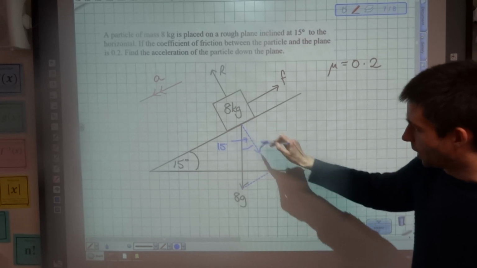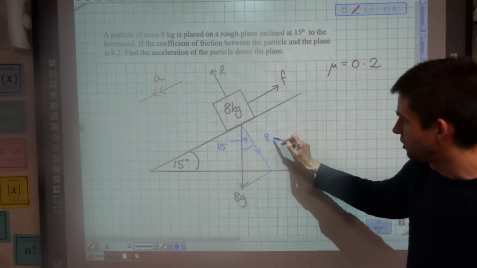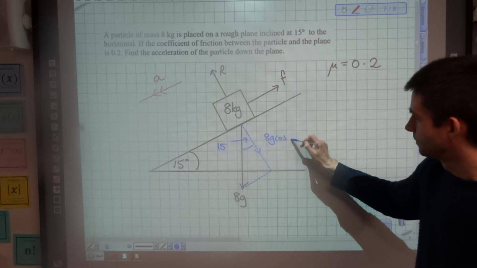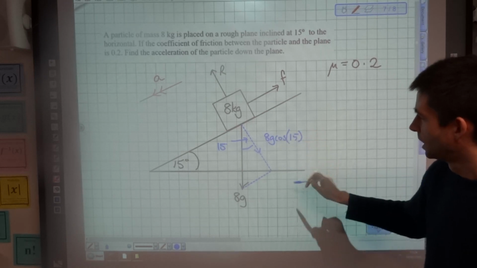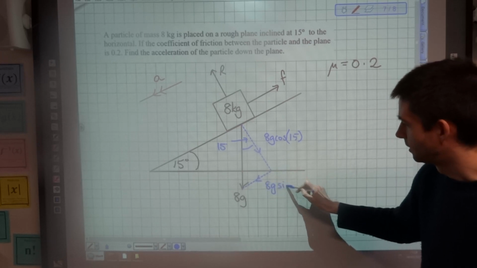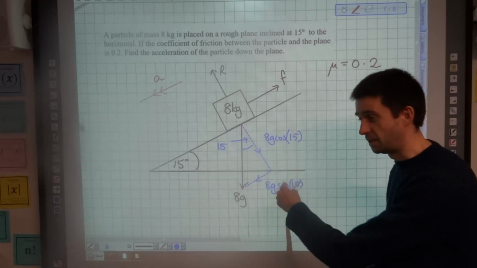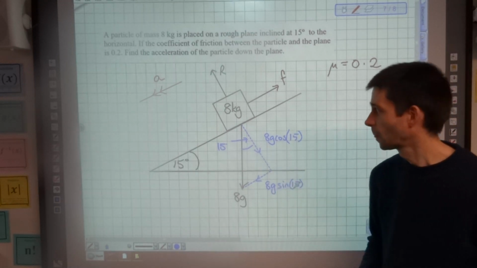That means that the weight component perpendicular to the slope is going to be 8g cos 15, and parallel to the slope is going to be 8g sine 15. And if you remember in my previous video, I said this is the one that people always forget.